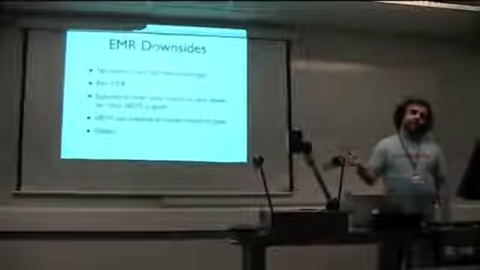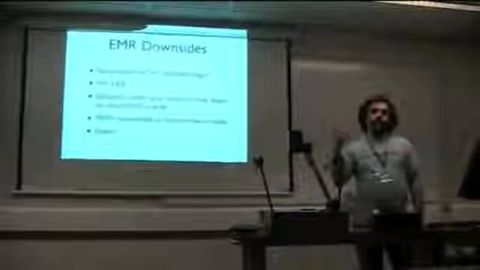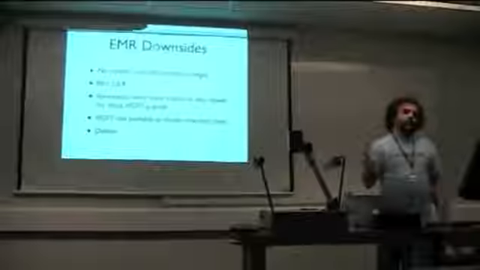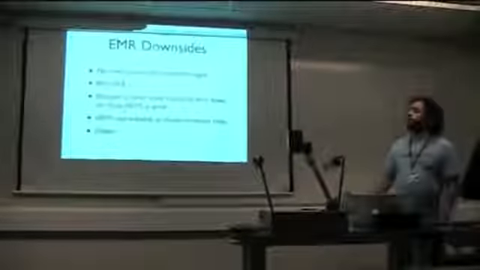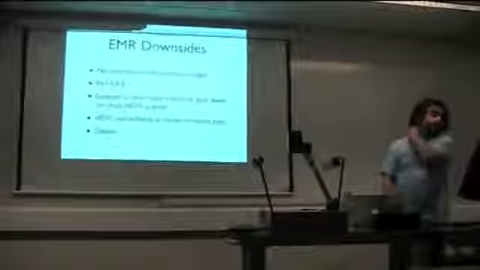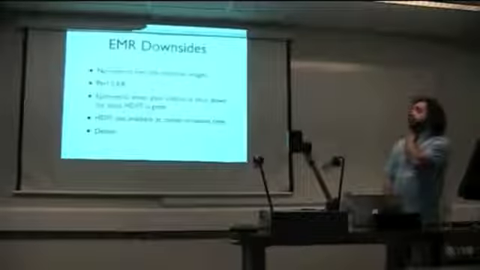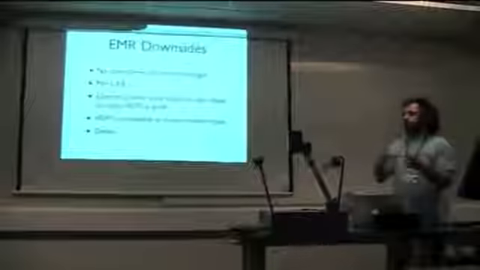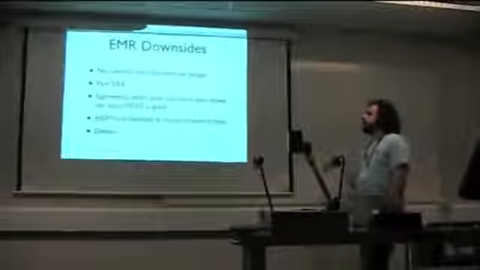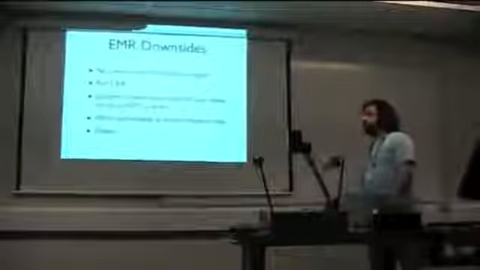Unlike other EC2 instances, where you can choose the machine image to use and customize it, you have absolutely no control over the machine images. They're fully controlled by Amazon, and you can't clone them and make modifications.